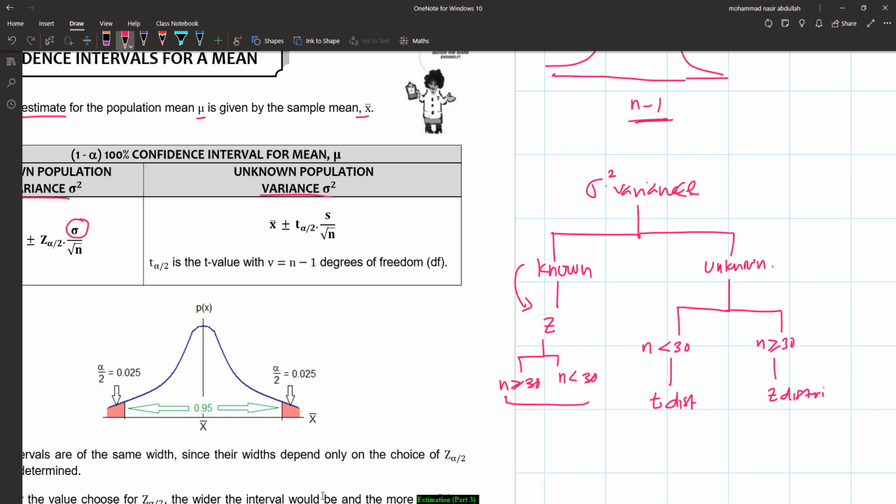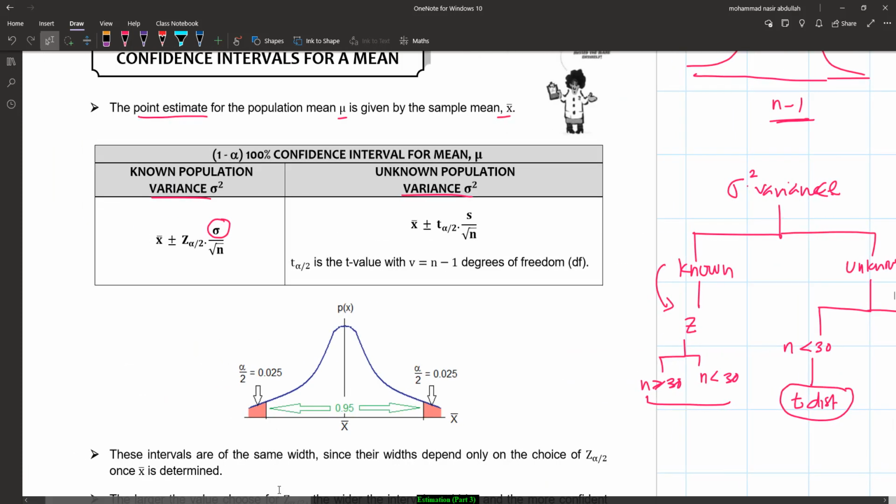If the population variance is unknown, there are two conditions, whether n is less than 30 or more than 30. If less than 30, we will use the t distribution. If more than 30, we will use the z distribution. Right? So now let's look at this one. The formula for the z distribution is x bar plus minus.